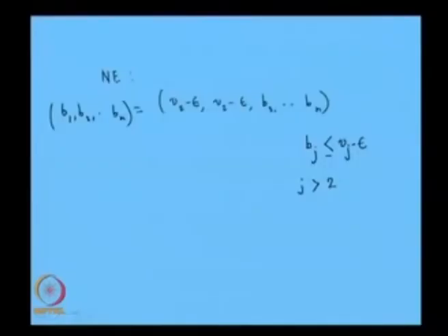here player 1 is getting the object, as we already know must happen in Nash equilibrium. But player 2 is bidding the same as player 1. If player 2 bids a little bit more, then he will get the object. If he bids v_2, he will get the object, but his payoff becomes v_2 minus v_2, which is equal to 0. Right now also he is getting a 0 payoff by not getting the object.